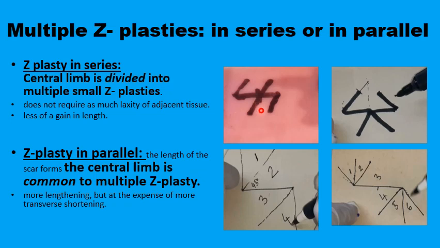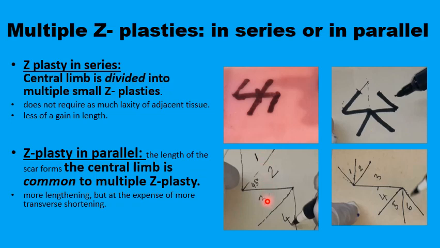In the in-series type, the central limb is divided into smaller units, smaller Z-plasties, and by this you only recruit a little amount of tissues above and below the central limb, but achieve an equal extension in length of the central limb. Either you have the Z-plasties going in the same direction or in opposing direction.